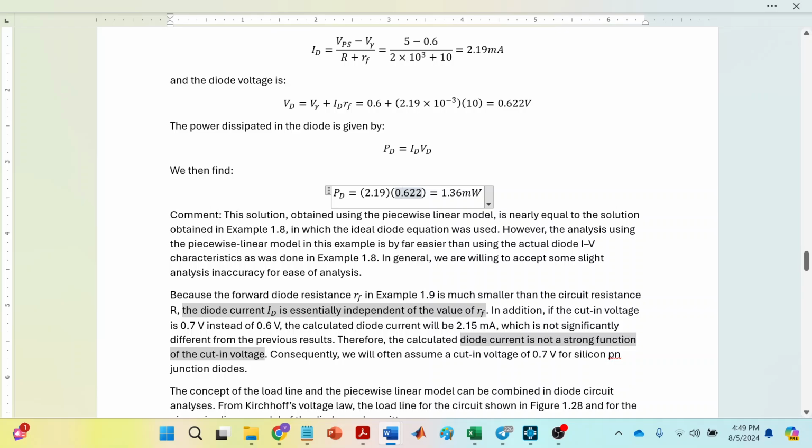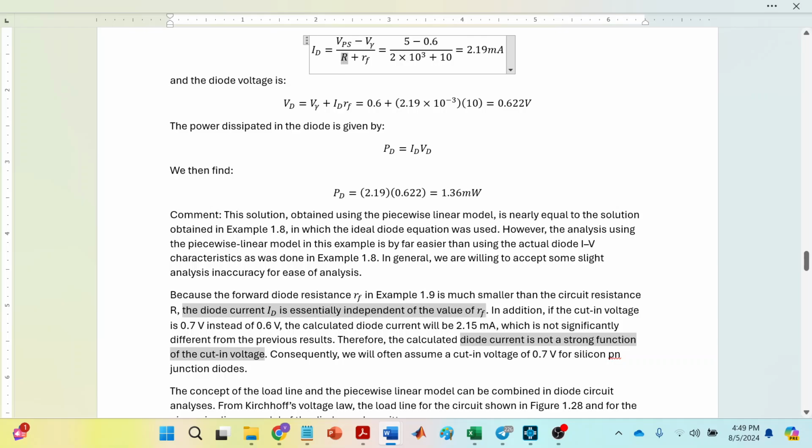So this diode current is independent of RF, because if RF is very small compared to the R, you can omit it.